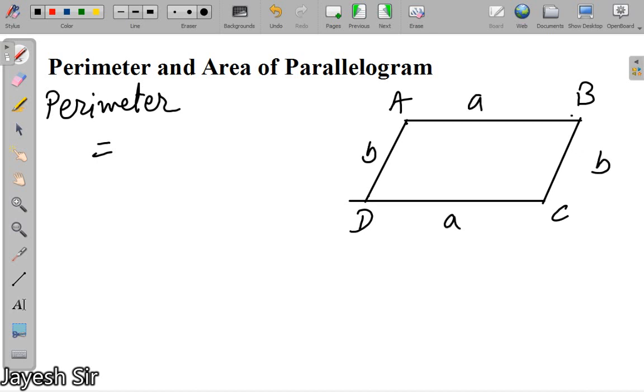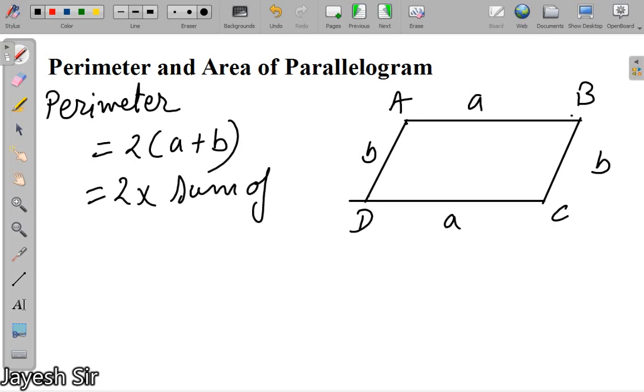So if AB is length A, then DC is also length A. Similarly, if BC is equal to B, then AD is also equal to B. So perimeter is A plus A, 2A, B plus B is 2B, so 2(A plus B), or you can say 2 into the sum of adjacent sides. That is the perimeter of a parallelogram.